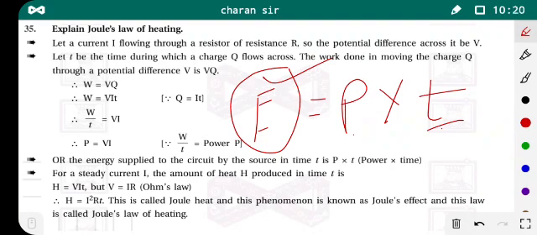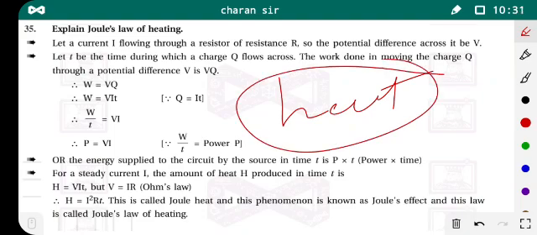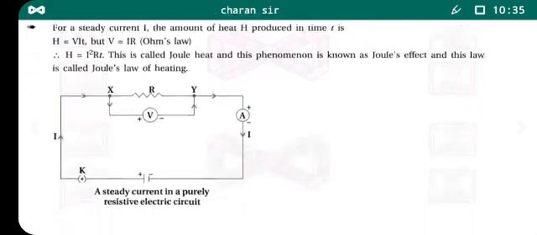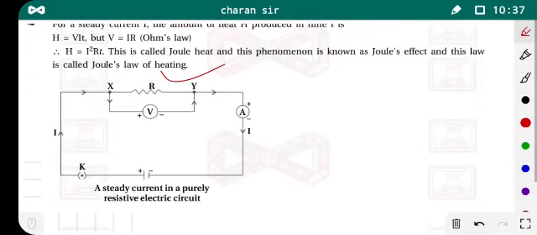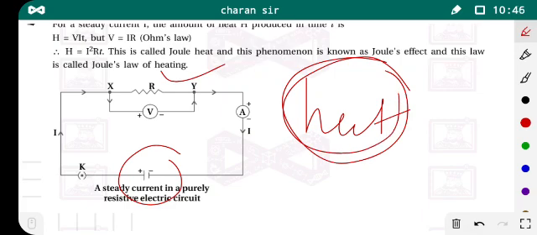And we know that when the circuit has only resistors, most of the energy is converted into heat. Here we have considered only a resistive circuit, so most of the energy of the battery is converted into heat. Heat is one type of energy.